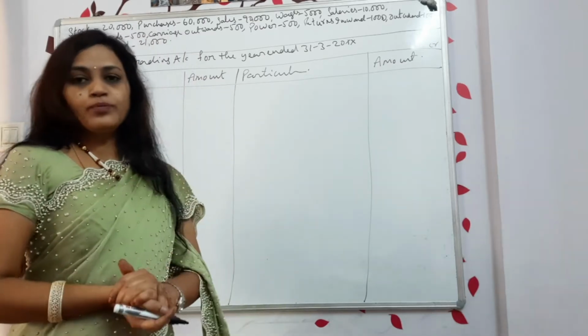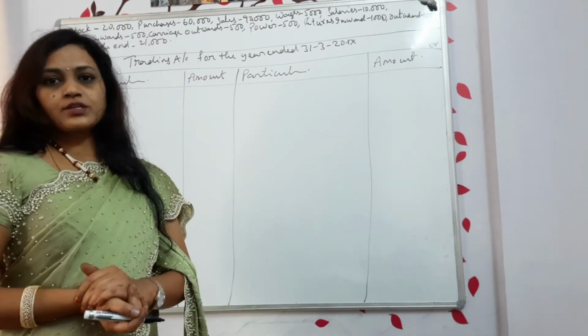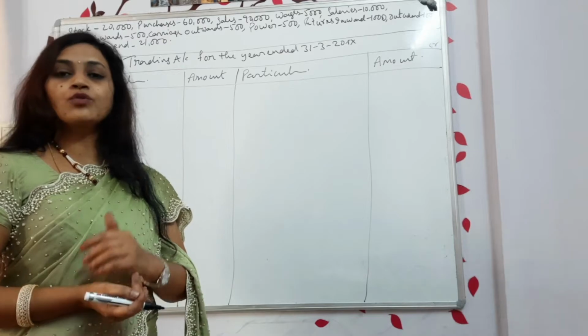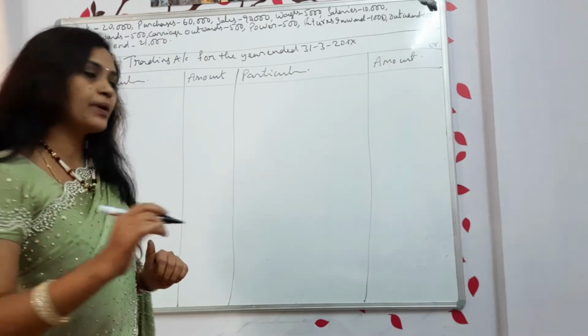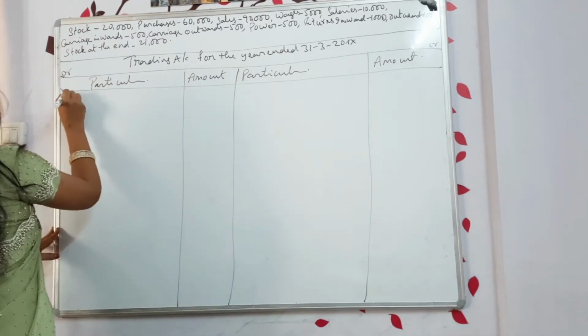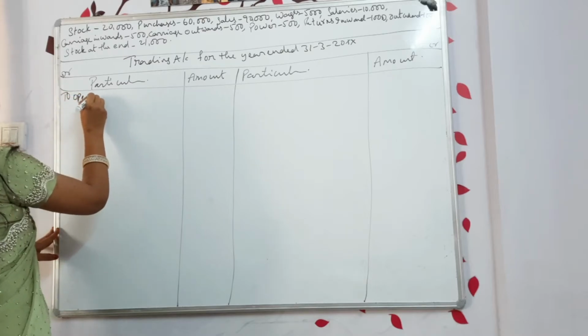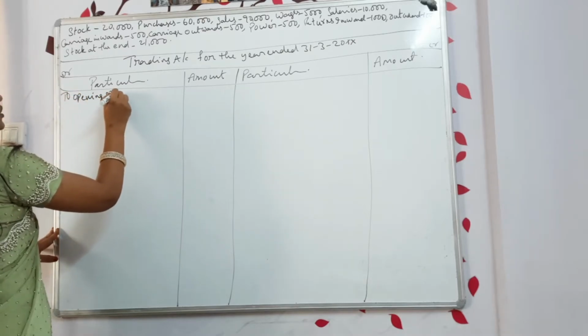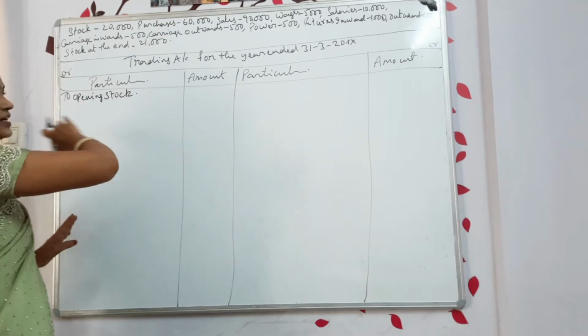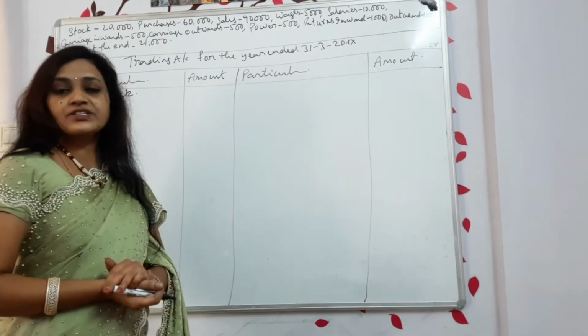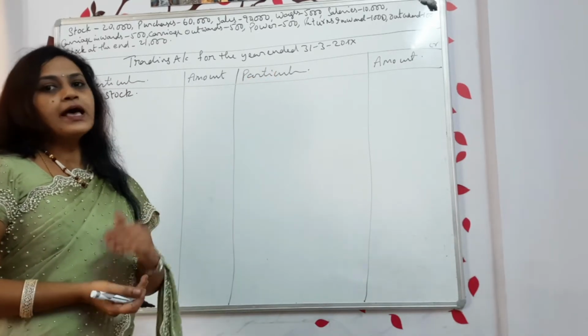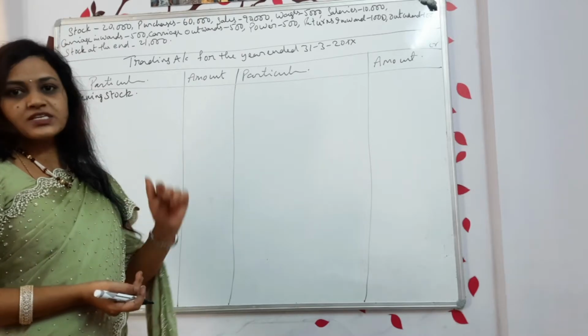See, there are two methods, learn and do it, or else you can write it through the format also. When you are going through the format, just remember, first we will start with to opening stock. Whether you saw the question or not, first directly write down these transactions and then check for the next transactions. It will be very easy for you.